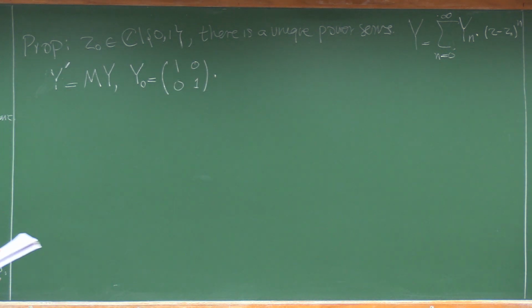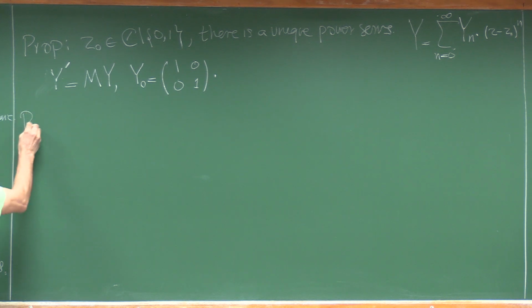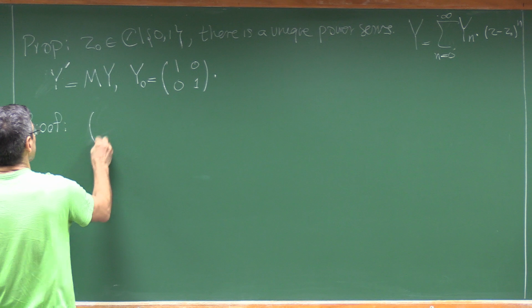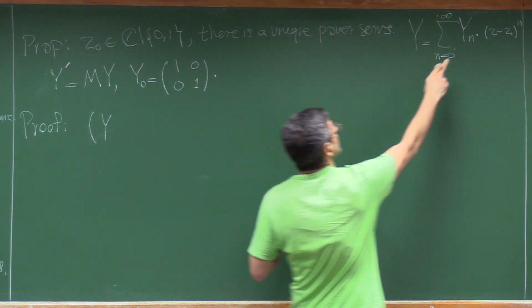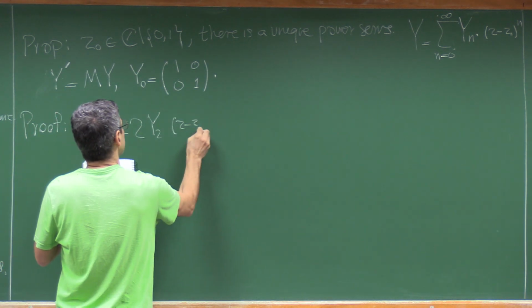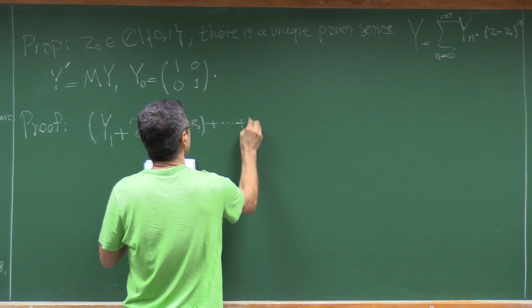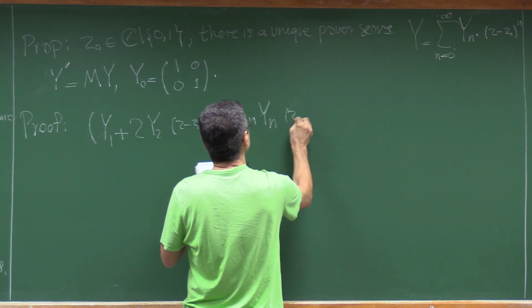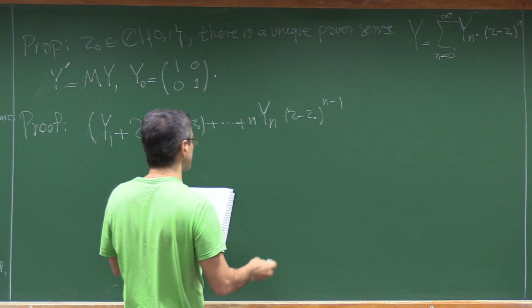I think this is the best way to introduce the solution of a differential equation without going too much into the context of differential equations. The proof is very easy. You just plug the formal power series in. The derivative of y is y1 plus 2 y2 (z minus z0) plus, and there is a reason why I want to write this explicitly, n y_n (z minus z0)^(n minus 1), plus so on.